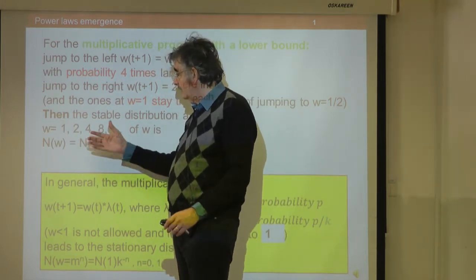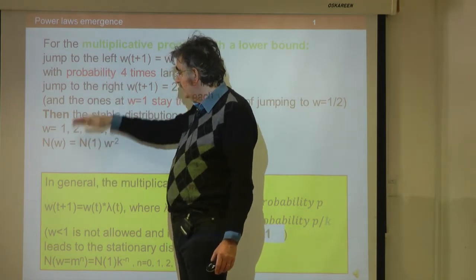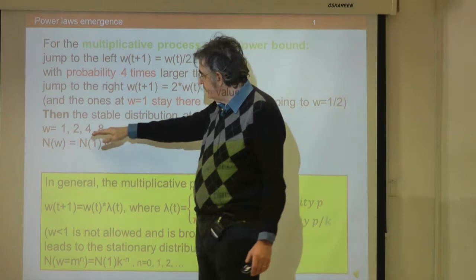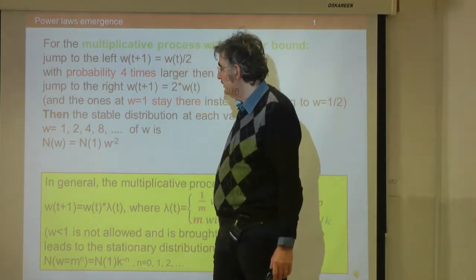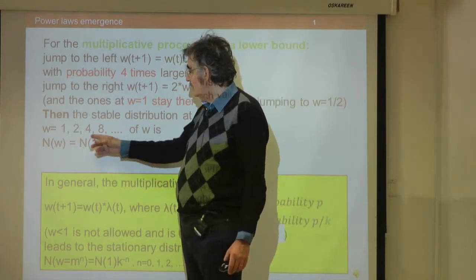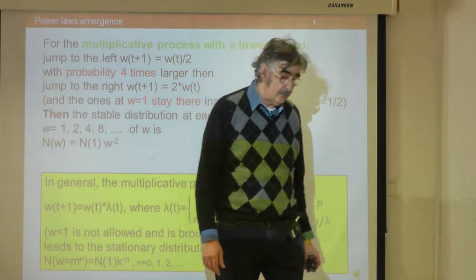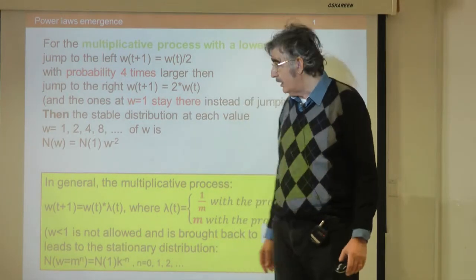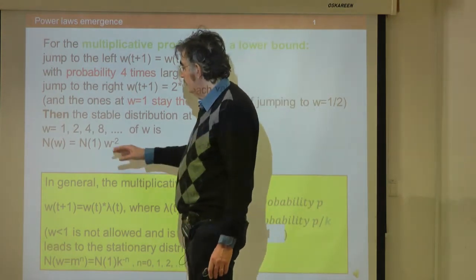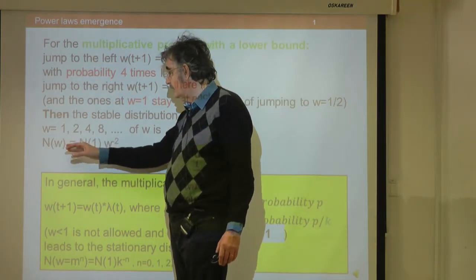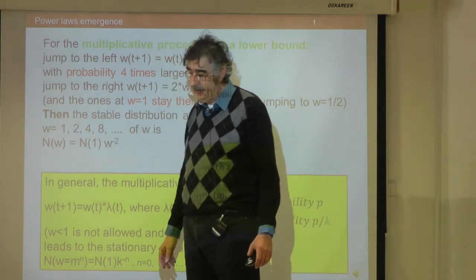And of course, the overall factor doesn't matter. If I just take twice as many in each position, then they would still be stationary. So we could normalize either by saying that we know how much is n of 1, or as we will do in this lecture, we'll normalize by asking that the sum of these numbers will be 1.